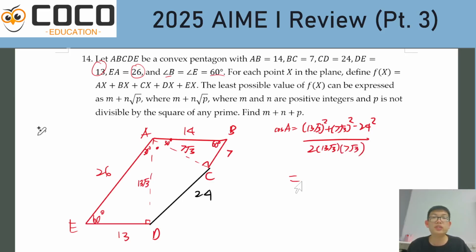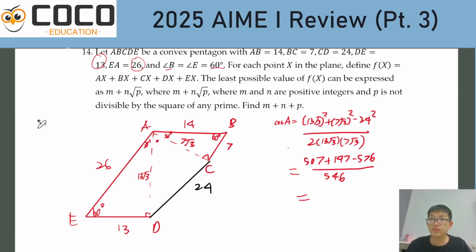Okay, this is going to be 169 times 3, 547, 147, 576 over 91 times 6, 546. Oh, that's interesting.